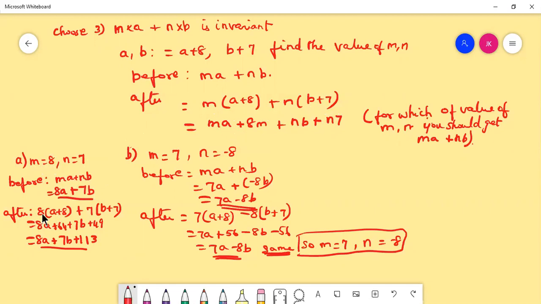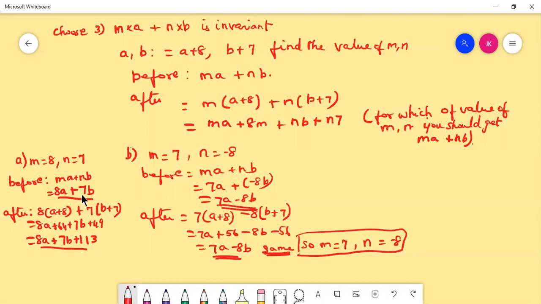I've gone through this expression: 8 into a plus 8, plus 7 into b plus 7. When you simplify this, 8a plus 8 into 8, 64, plus 7b plus 49. So I'm getting 8a plus 7b plus 64 plus 49, which is 113. 8a plus 7b and 8a plus 7b plus 113 are not the same. So this value is wrong. This is not my value of m.